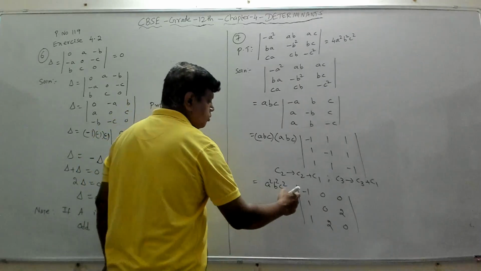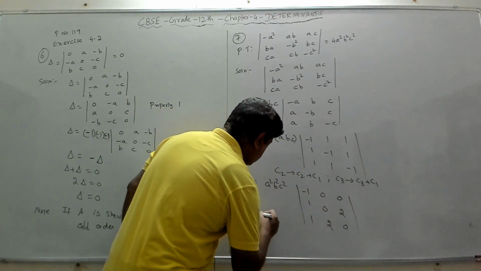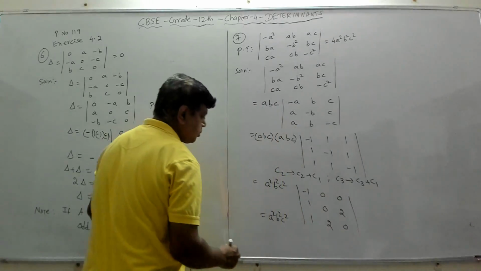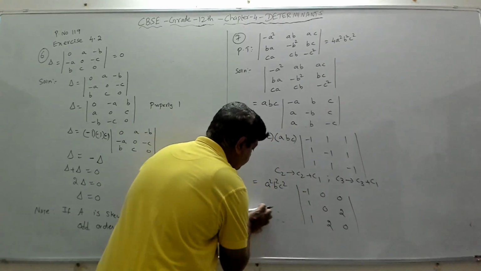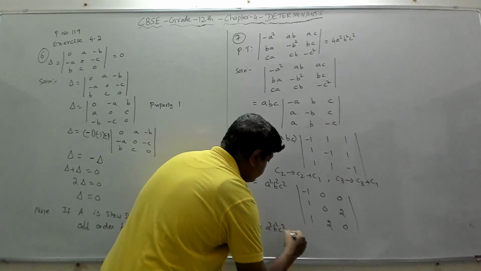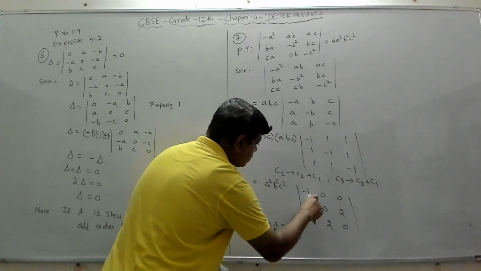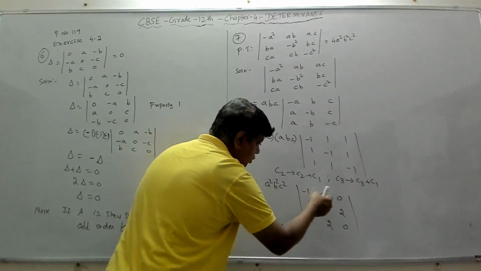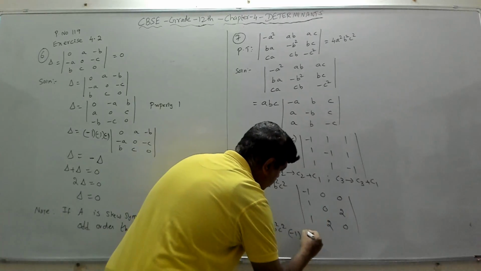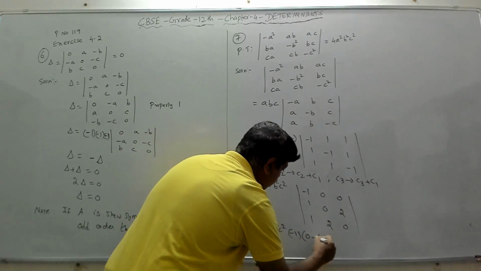Now we can expand along R1. If you expand along R1, you get a square, b square, c square times minus 1 into, we close this row and column. 0 into 0 is 0, minus 2 into 2 is 4.